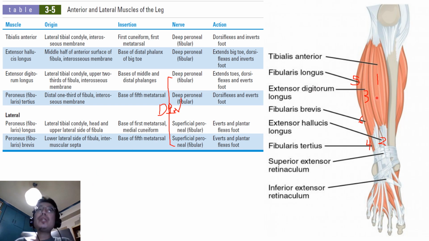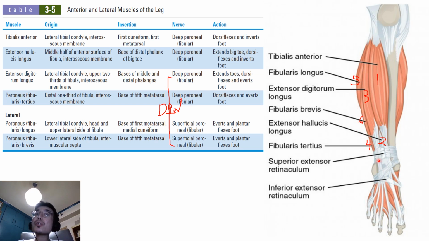Moving now to the lateral muscle compartment, we only have two lateral muscles to remember. We have the peroneus longus, also known as the fibularis longus, which is over here, labeled as number 5. The fibularis longus originates from the lateral tibial condyle and the head and the upper lateral side of the fibula.